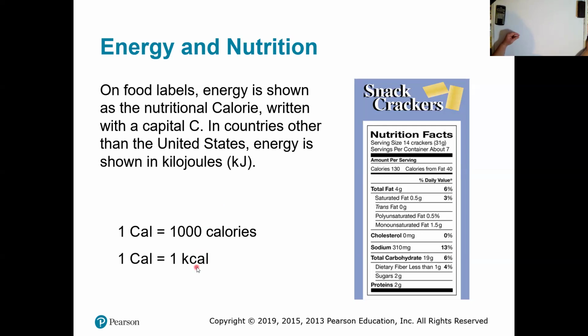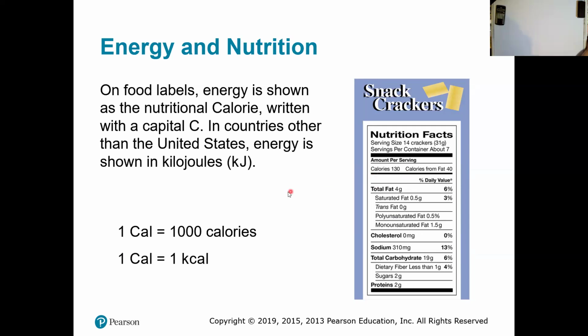Another way to write the kilocalorie is with a capital C. So the calorie with a capital C is equal to a kilocalorie. On our nutrition labels, what we will see are kilocalories. If you ever look at a nutrition label, you'll always have a capital C with those calories. You never see lowercase c's with calories.